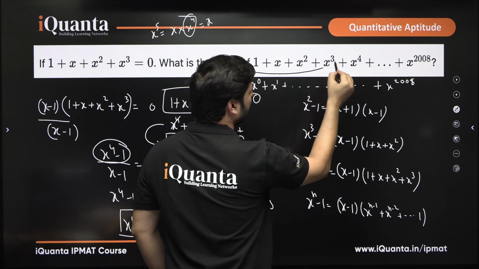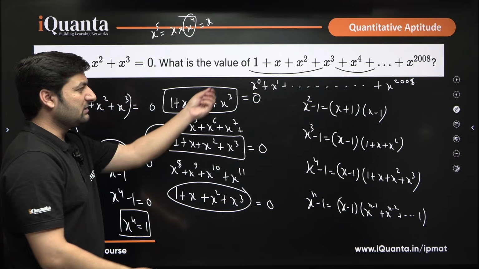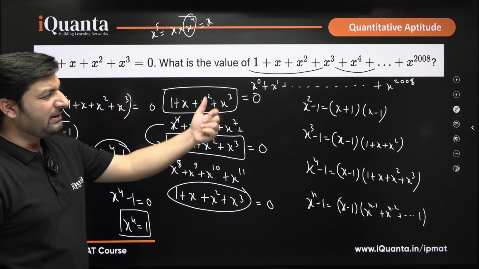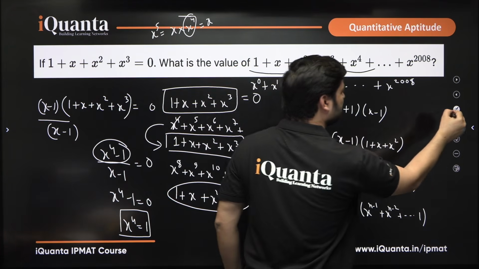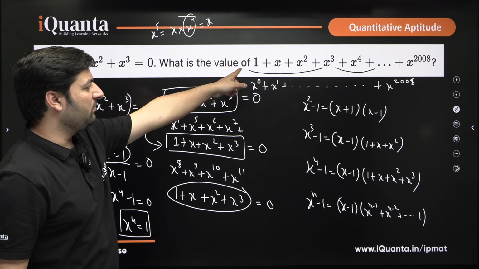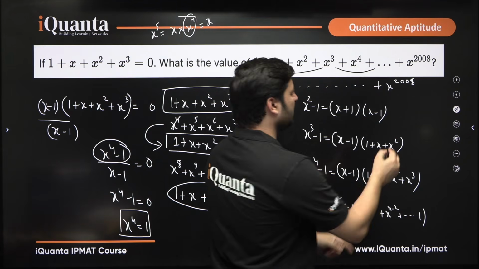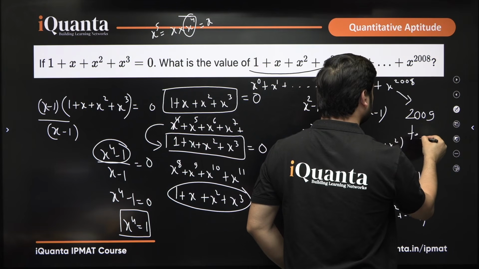These 4 are making a 0, next 4 will make a 0. So what am I left with? There are 2009 terms in total because we are starting with x to the power 0 and ending with 2008.